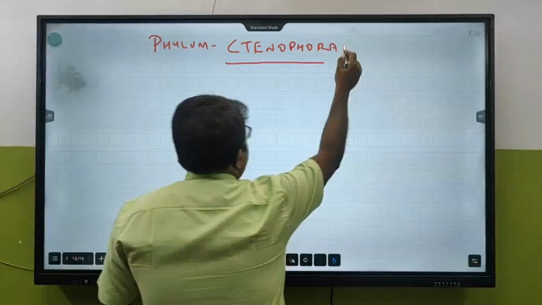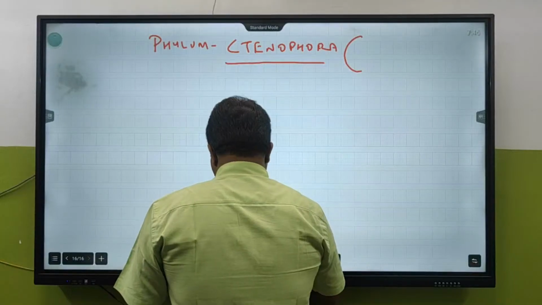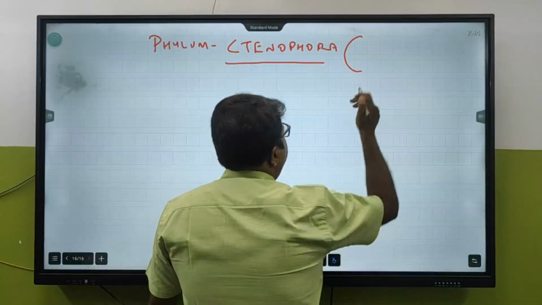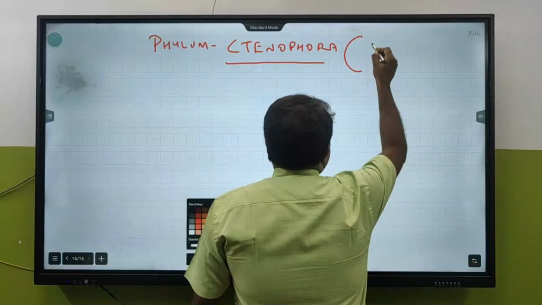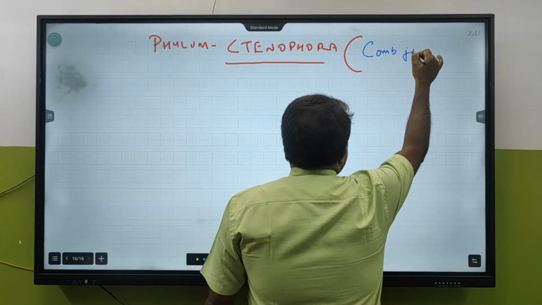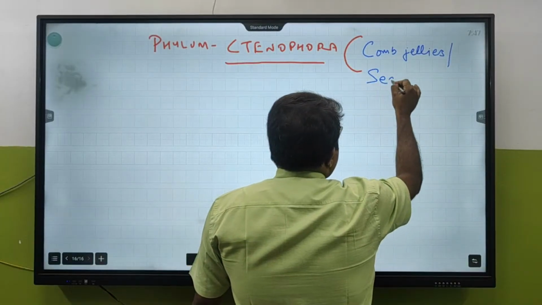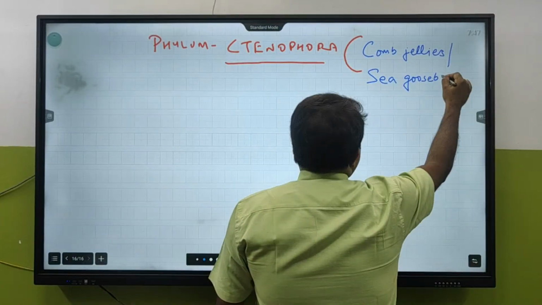Phylum Ctenophora, the common names of these are sea walnut, comb jellies, or sea gooseberries.